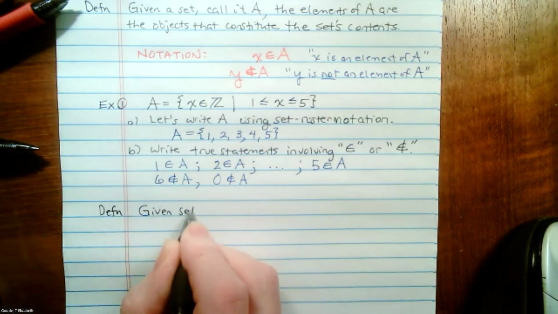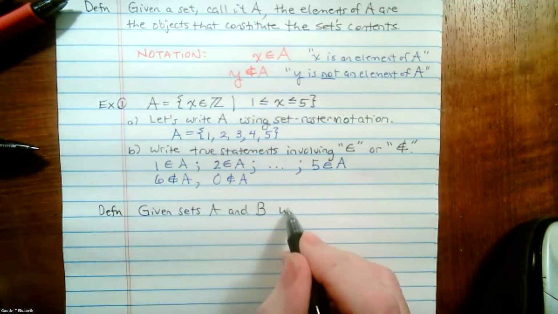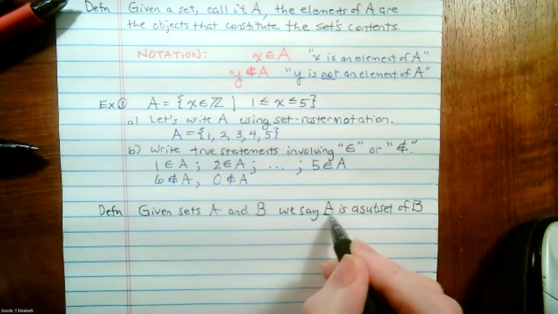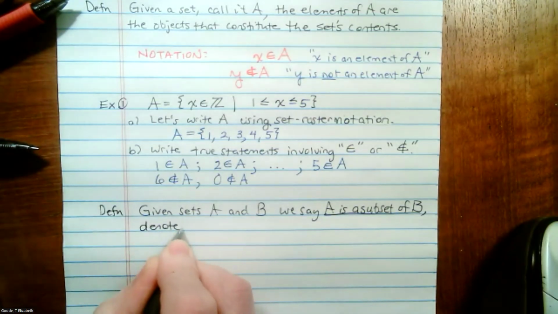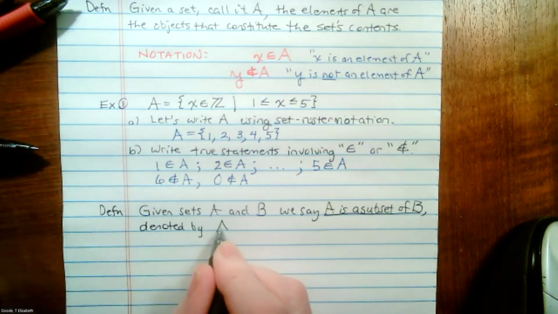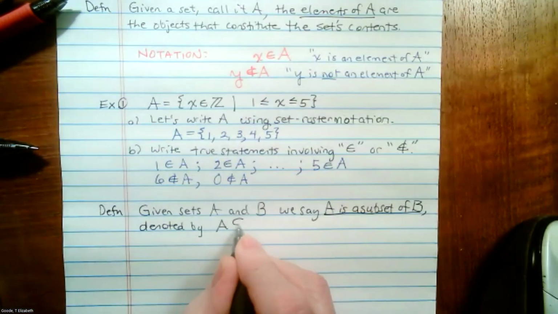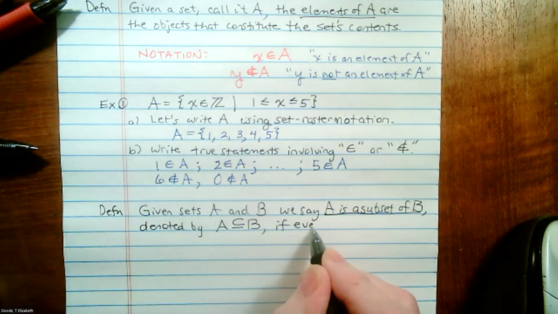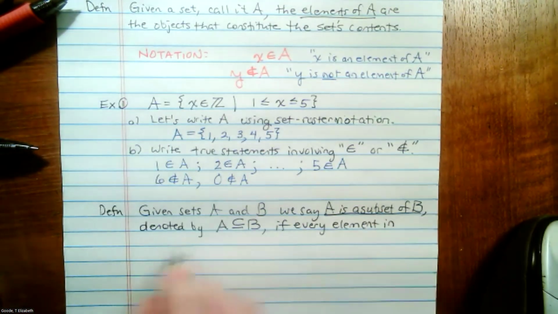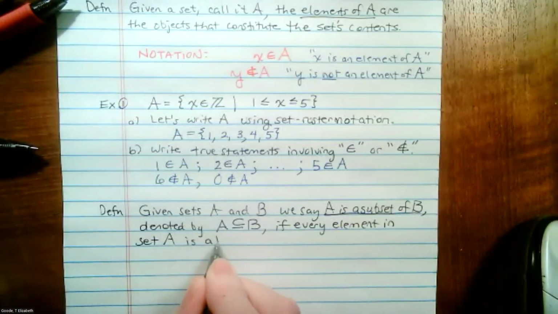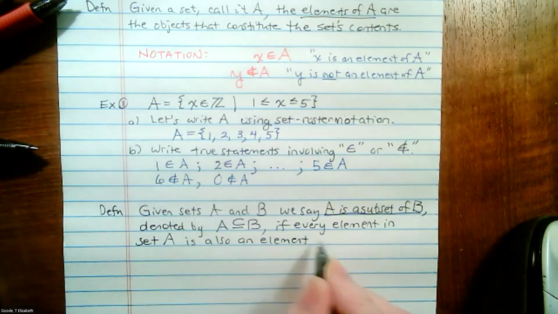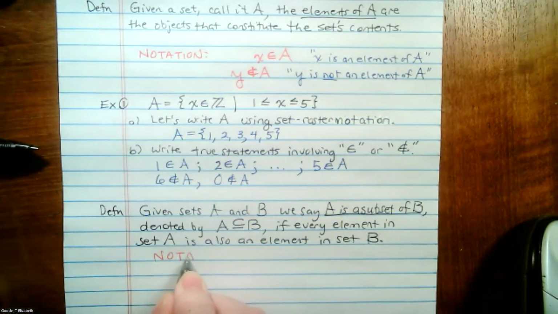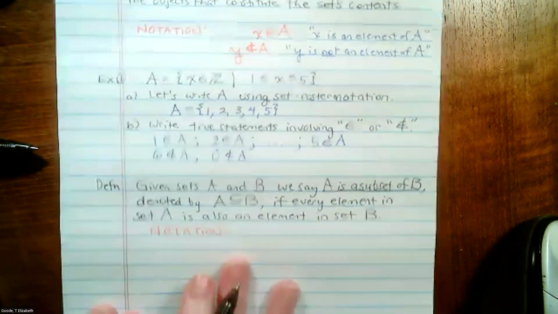Given sets A and B, we say A is a subset of B, and it's denoted by A with this soft less than or equal to symbol for subset of, if every element in set A is also an element in set B. Okay, so our notation looks like this.